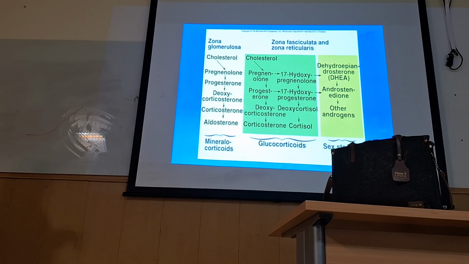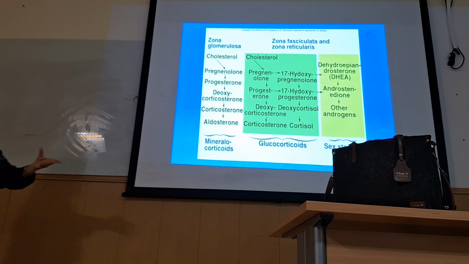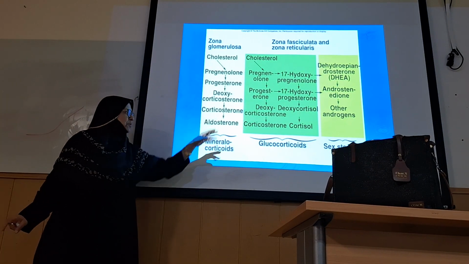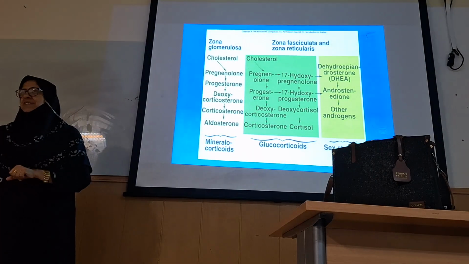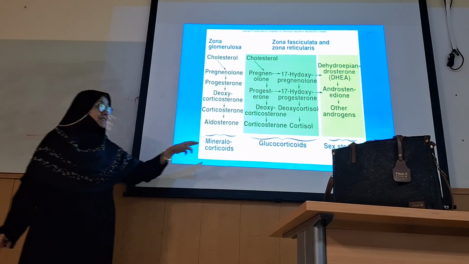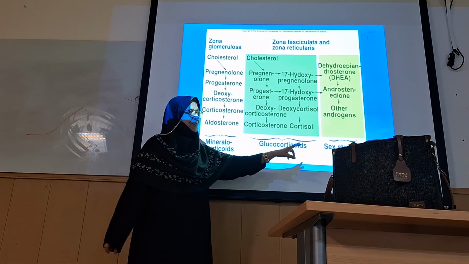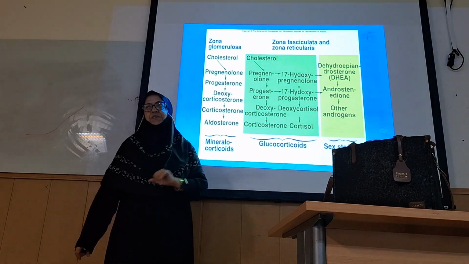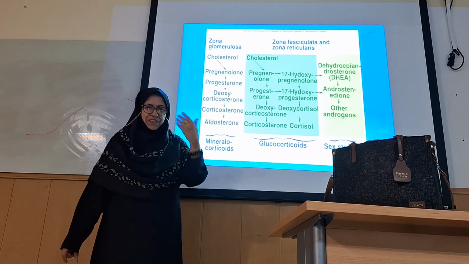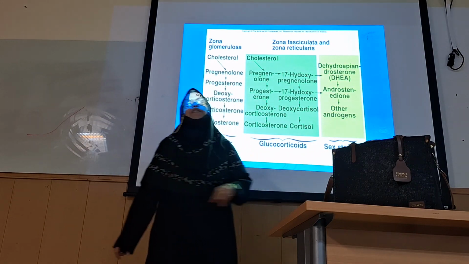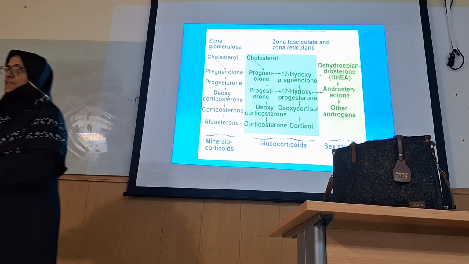Approximately 20 to 25% of corticosteroid hormones are mineralocorticoids. Approximately 60 to 65% are glucocorticoids. Approximately 5 to 10% are sex steroid hormones. Okay?